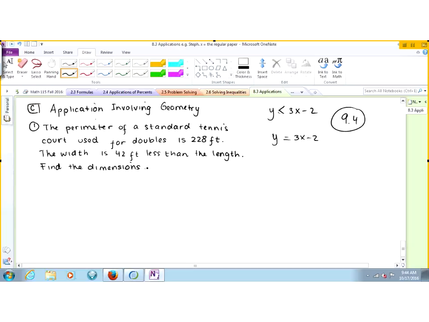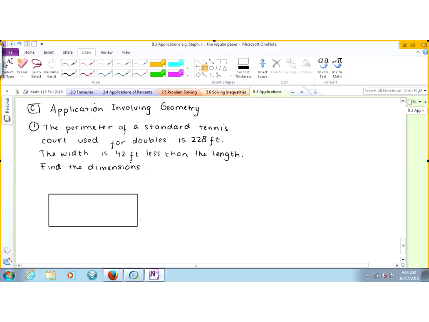Here you could actually draw if you want. So what am I drawing? The tennis court, a rectangle basically, right?